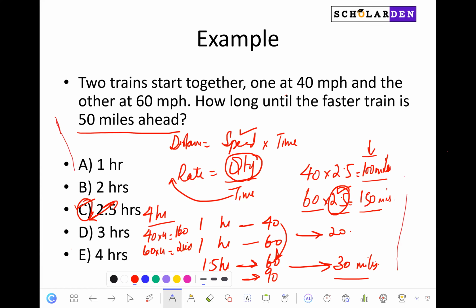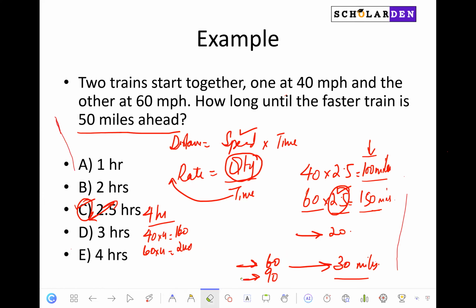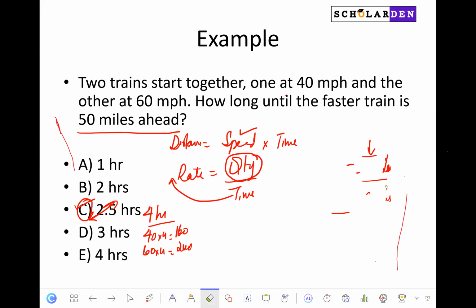So now I can say that at 4 hours, the distance between these two trains is already 80 miles. So instead of jumping to a higher time, I would have taken a step back and gone to a shorter time, probably 3 hours or 2.5 hours, whichever is the next lower option.